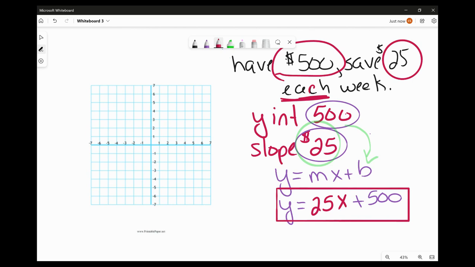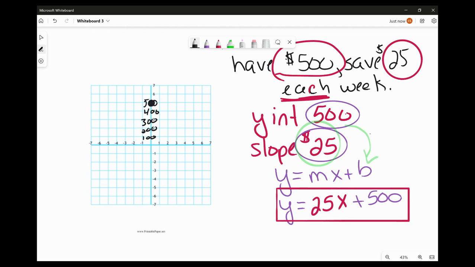So this graph is not great here. I'm going to just change these. Instead of saying 5 here, I'm going to change these to 500, 400, 300, 200, 100. Okay. And so we're going to start at 500. That's our first point because it's our y-intercept.